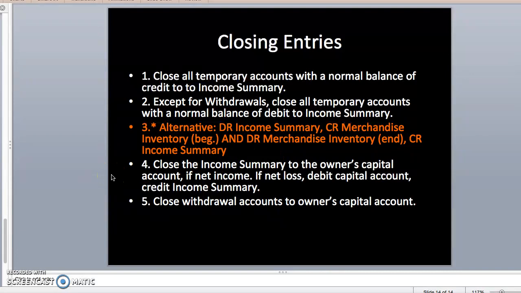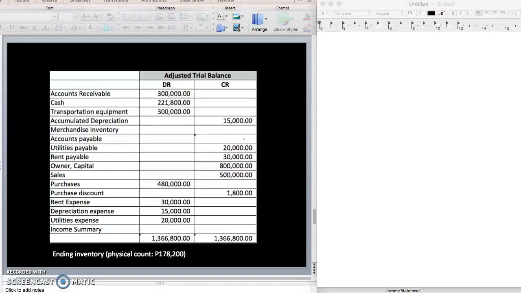Now, if you're still a bit confused, don't worry. I'll show you in a bit how to close entries using our example here. Okay, so what we're going to do here is start closing entries under the periodic inventory system.